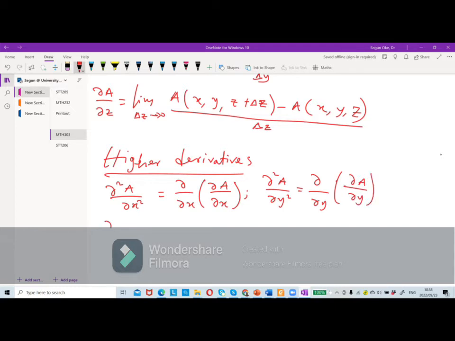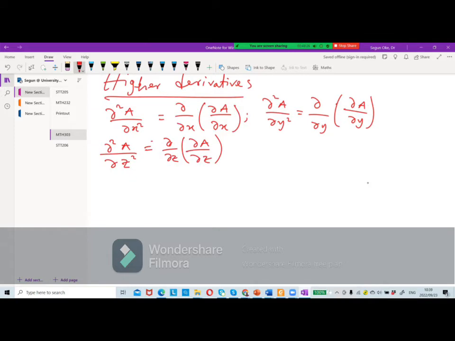Same thing goes for z: d squared A by dz squared is equal to d/dz of dA/dz. Are we together now? Yes, sir. So it moves on in that way.